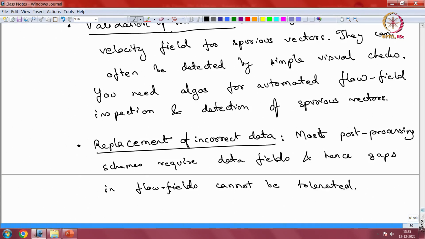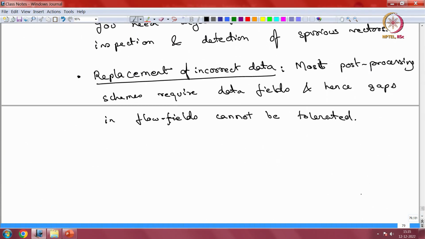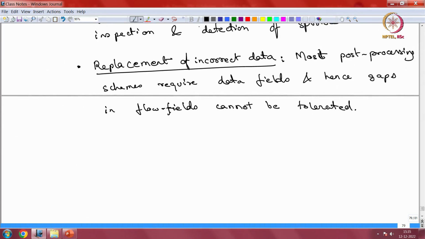We are not going to go into all these different aspects, but we are going to discuss some of the issues, right? So the issue we want to discuss is the case of the spurious vectors in PIV.